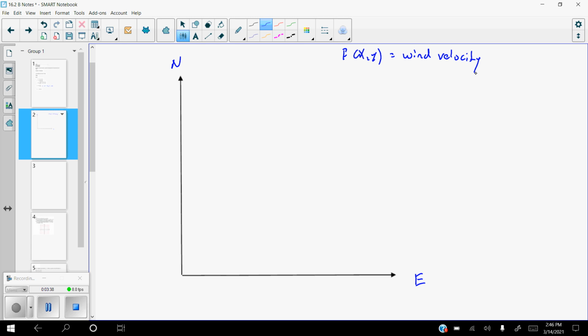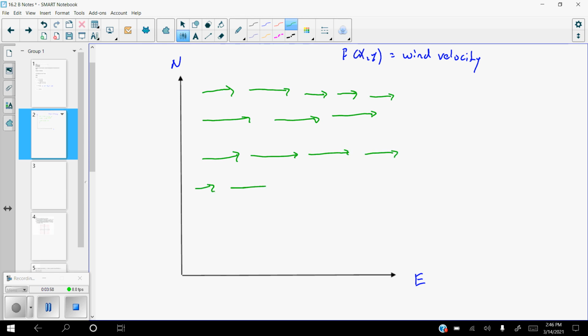And our wind is going to be doing something like this. Depending on where you're at, the length of these things might be different. There is actually no rhyme or reason to the way I'm doing this. I'm just trying to create things of different lengths along this particular portion of the vector field.